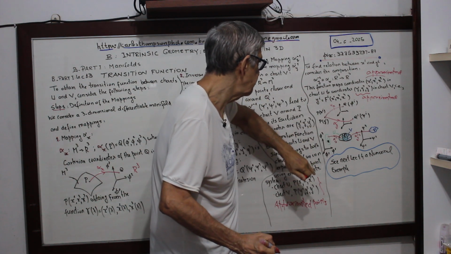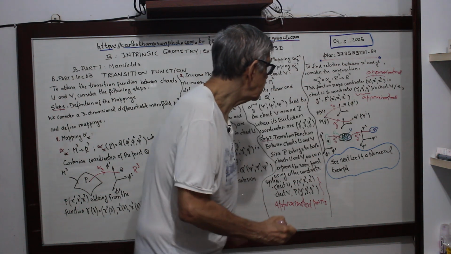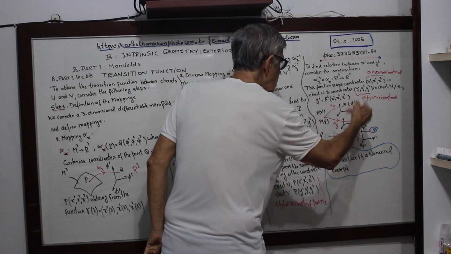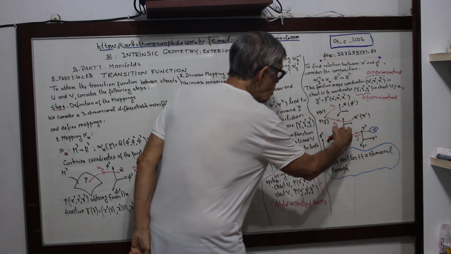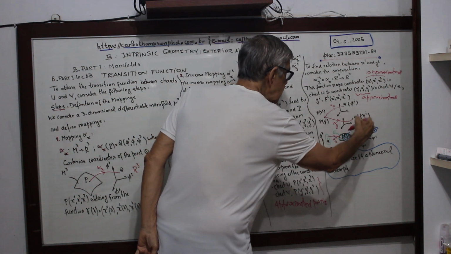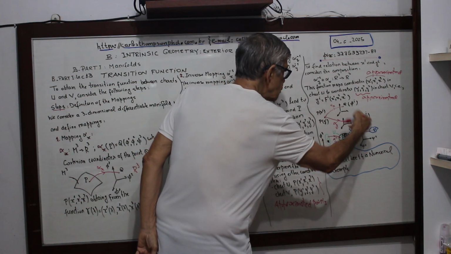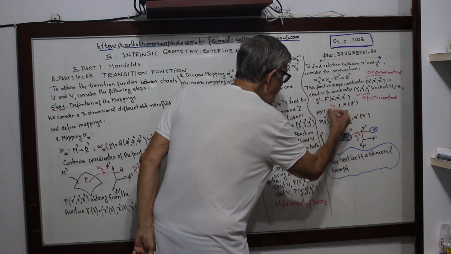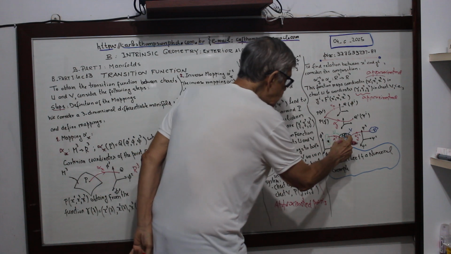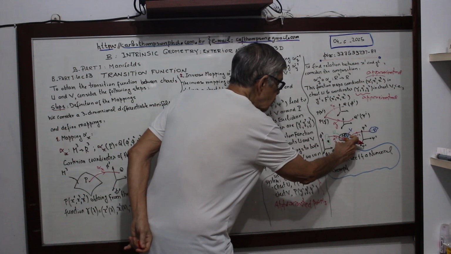That's a function. Now, point Q is a function of phi i, with i equal 1, 2, 3. Here, point Q prime, with i equal 1, 2, 3. This is alpha x, alpha y.